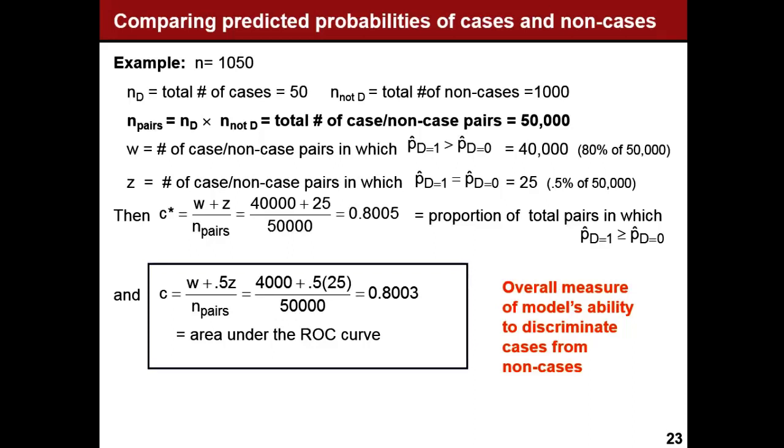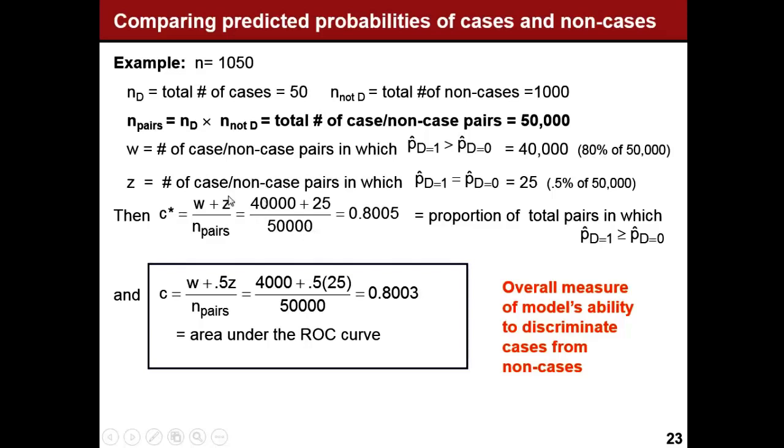If there's always this magic cut point where it perfectly splits the data, it's always going to predict the cases to have higher probability of disease than the non-cases, and that's what this formula gets at. An ideal formula would look something like this. It's the proportion of all of the pairs in which the case was predicted to have a higher probability than the non-case, okay?